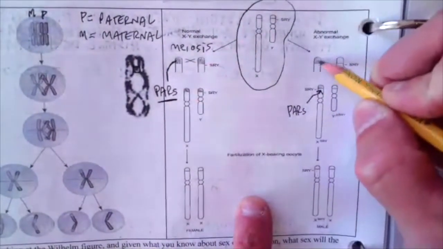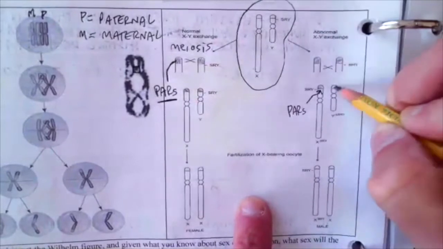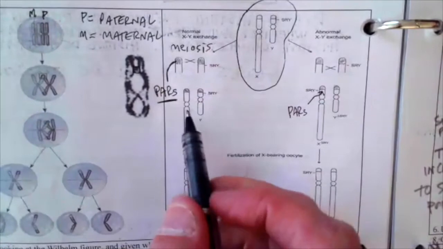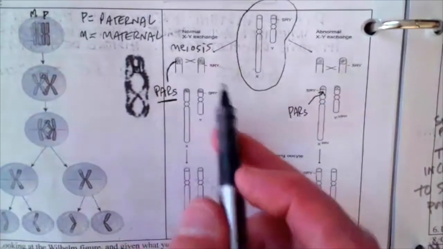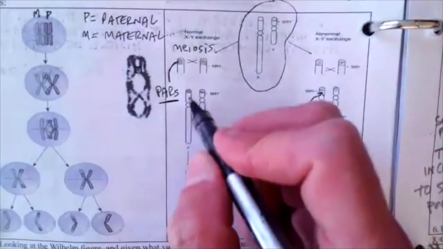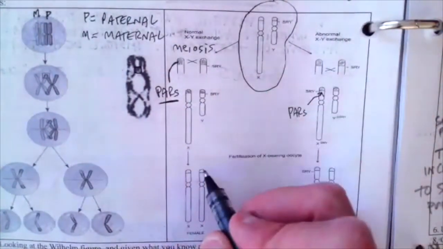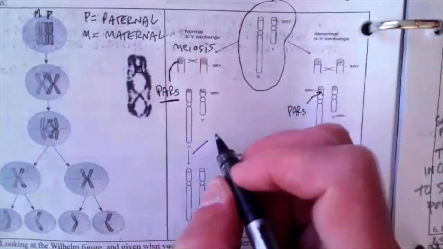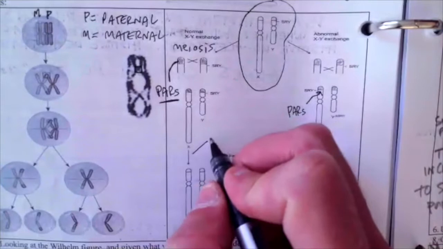Now, this X chromosome, meiosis, right? The result of meiosis is this X chromosome and this Y chromosome, okay? Only one chromosome of each set gets put in a sperm.